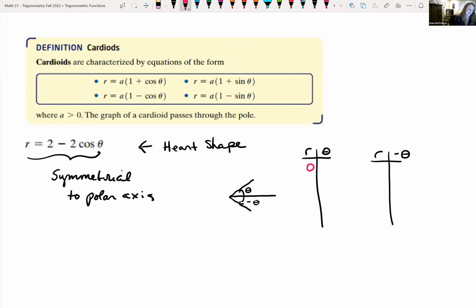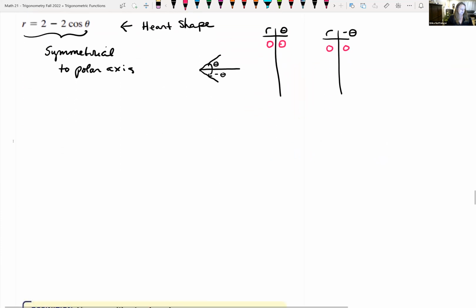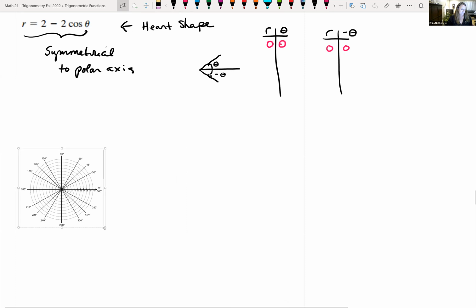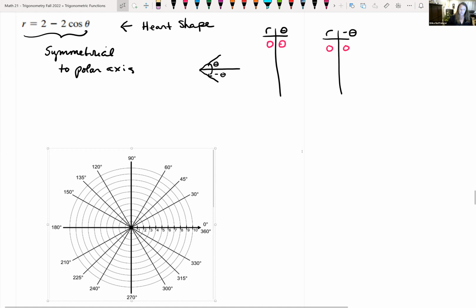Negative theta, so 0, 0, that didn't tell me much. We have a point at our pole, 0, 0.